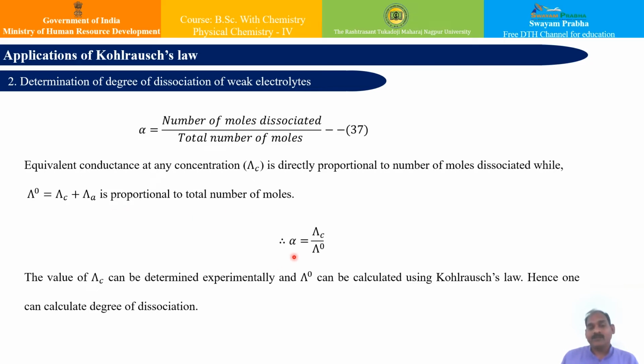Therefore my degree of dissociation is nothing but lambda c upon lambda 0, that is, the equivalent conductance at infinite dilution. Now this lambda c I can calculate experimentally, and this lambda 0 at infinite dilution I can calculate using Kohlrausch law. Therefore, with the help of Kohlrausch law, I can simply determine the degree of dissociation.